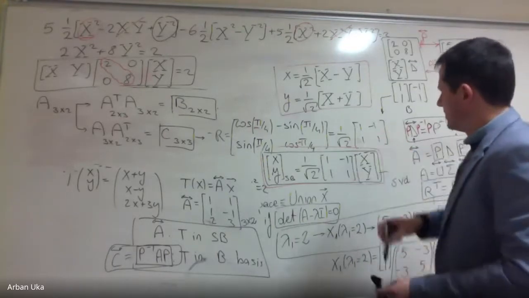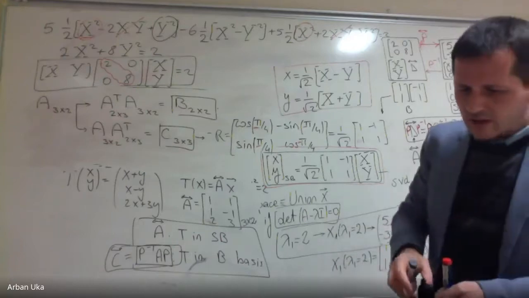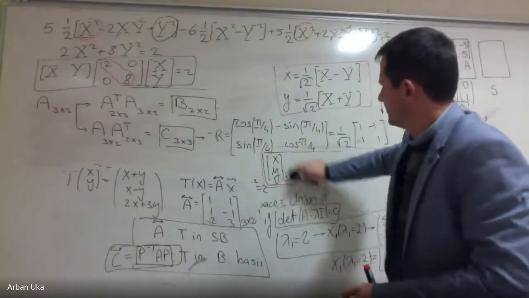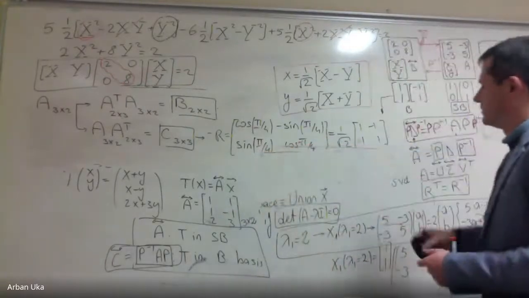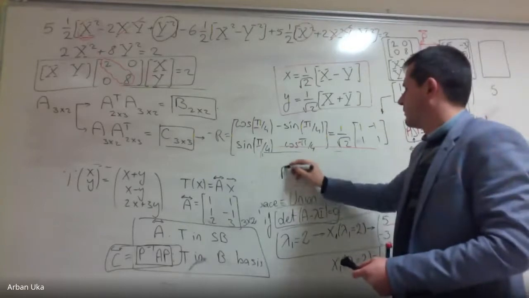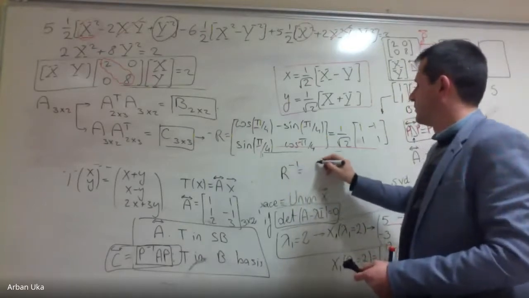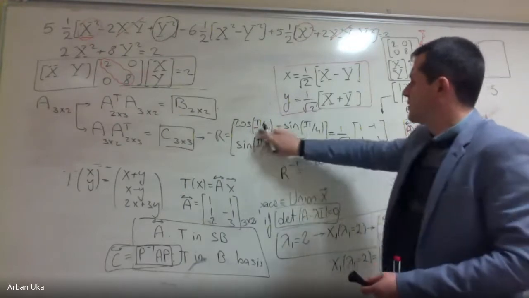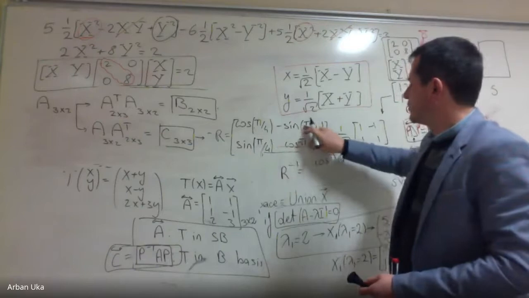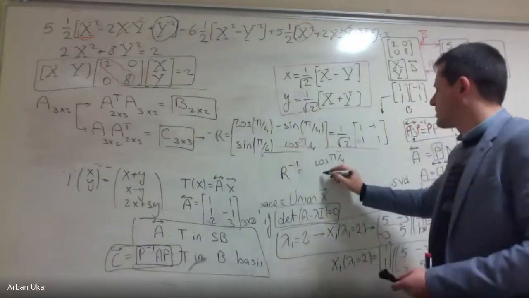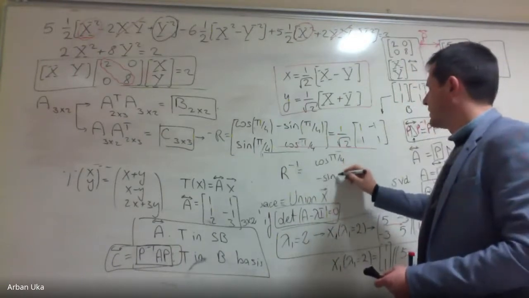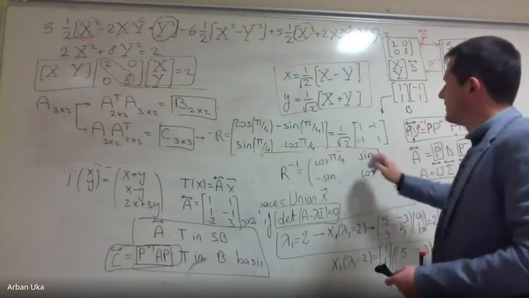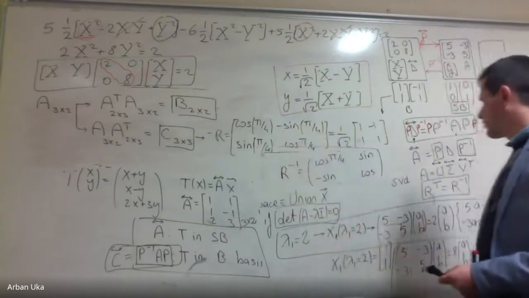Maybe it's best if we rewrite this from scratch. Cosine pi over 4, if you make it minus, will still be plus, because cosine theta equals cosine minus theta. So this is cosine pi over 4, this is minus sine, this is sine, and cosine. So we can see we just calculate the transpose.